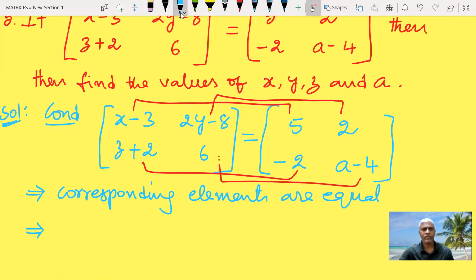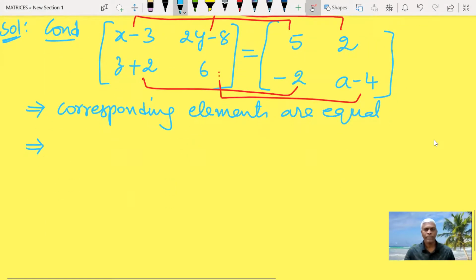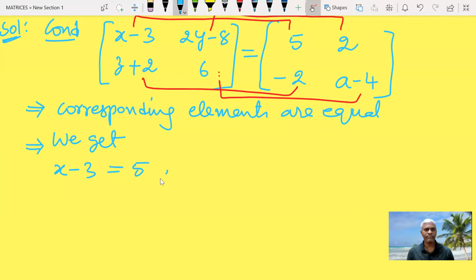First one is equal to first. So by equating the corresponding elements, we get these equations. x minus 3 is equal to 5. 2y minus 8 is equal to 2.